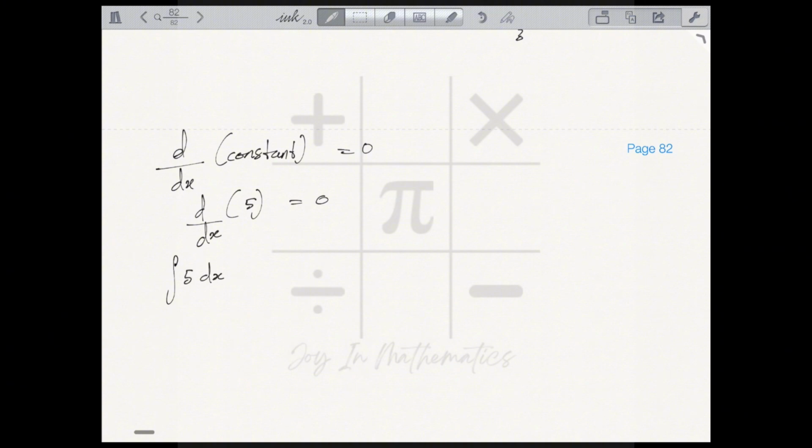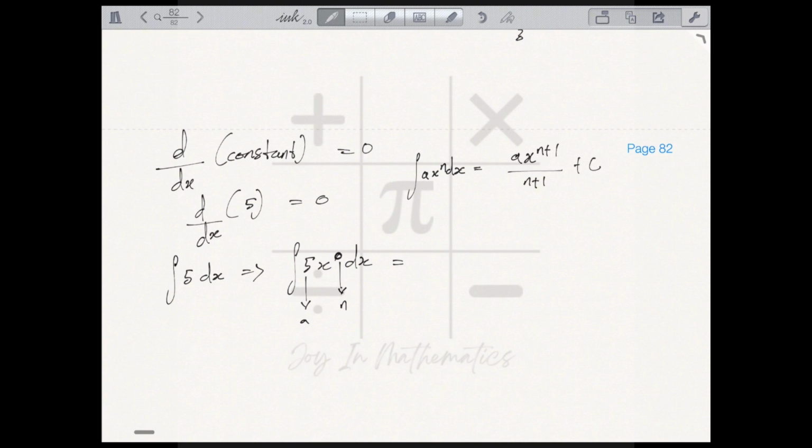We can rewrite this as 5x raised to power 0, because anything raised to power 0 is 1. Therefore, in this case, we have 5 to be a and 0 to be n. Applying the principle that says when we integrate ax raised to power n dx, we would have ax raised to power n plus 1 divided by n plus 1 plus c.